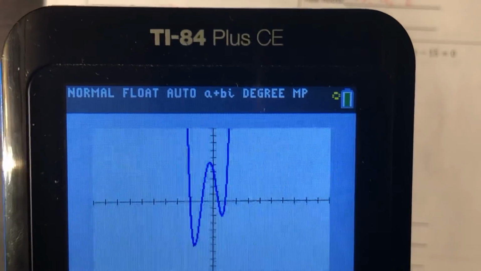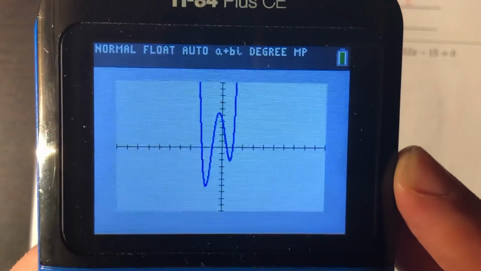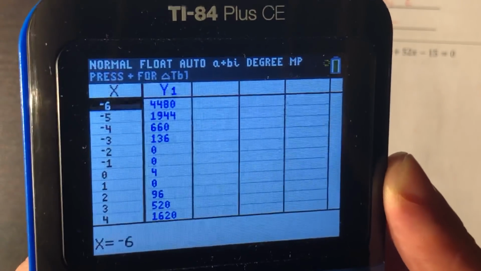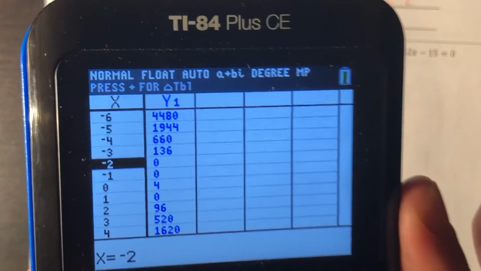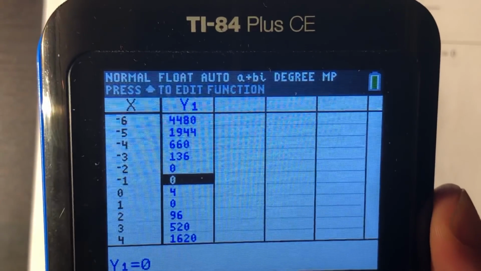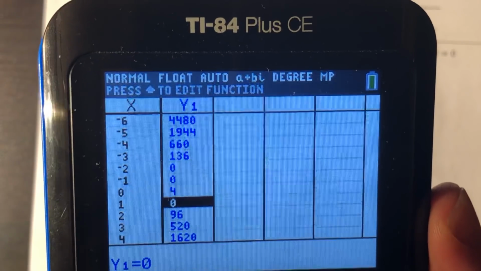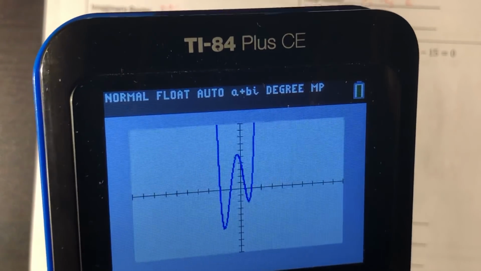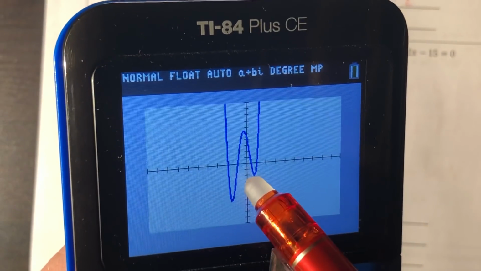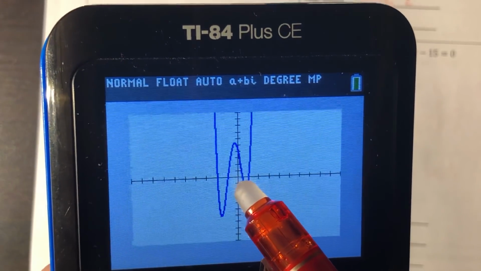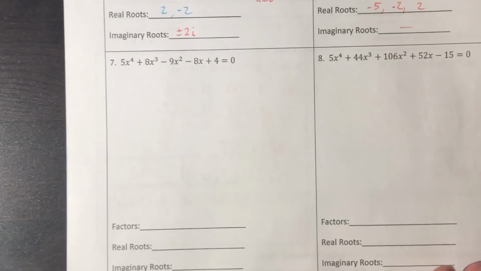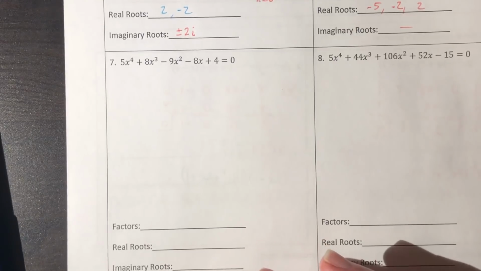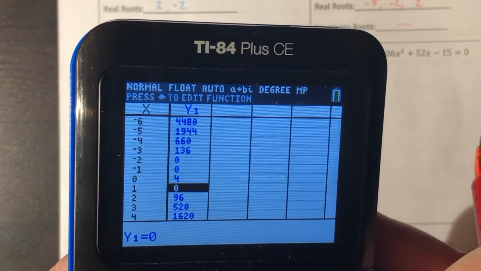So when I graph this one, I can find the zeros I have at -2, at -1, and at +1. So when I graphed it, that's those 3, but I have another zero that I'm going to need to find. So here I am going to have to do the synthetic division. But I can write down those zeros that I had of -2, -1, and +1.